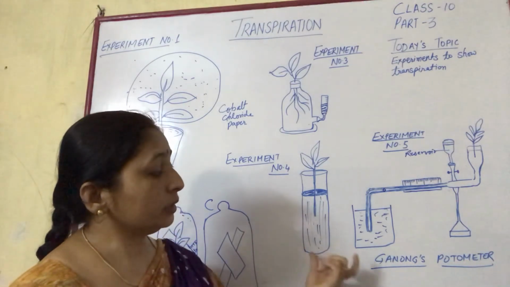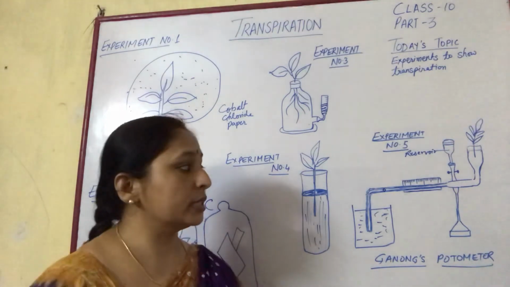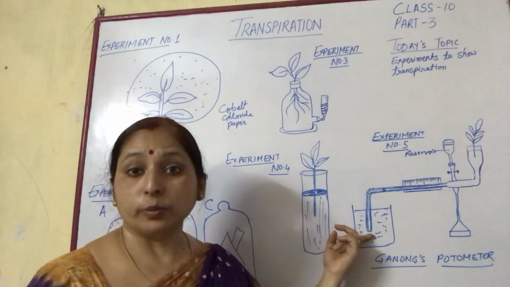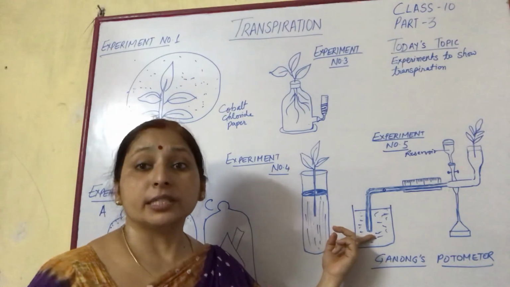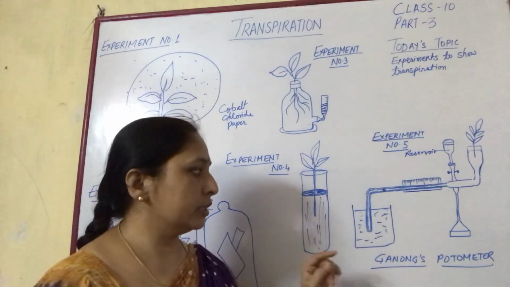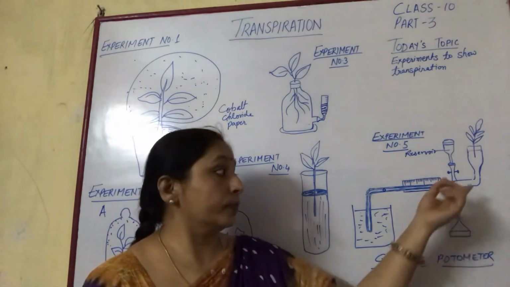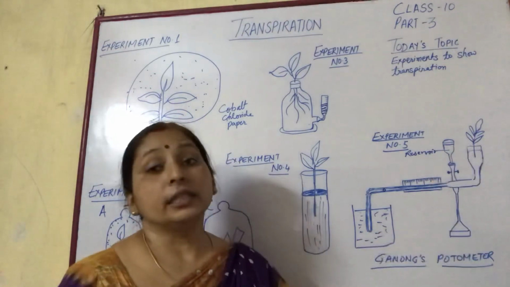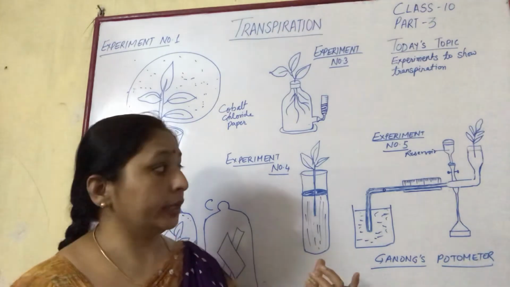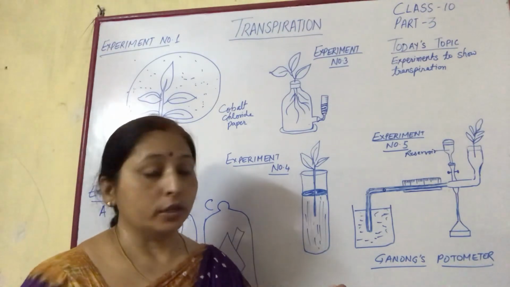Then there are some limitations to this experiment. The first limitation is that inserting an air bubble in the capillary tube is not so easy. The second limitation is that, since the roots are absent in the twig, the twig may not remain alive for a longer time.